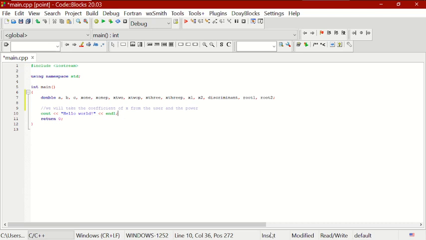Okay, the next thing we can do right here is say cout. So we say, enter coefficient of x. Let me use x1.